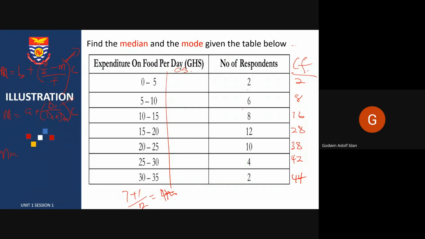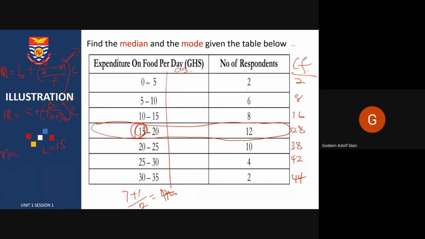So 1, 2, 3, 4. This becomes the median class. So we just use the median position approach and we get the median class. Once we get the median class, L is the lower limit of the median class. So our L from this question is 15.